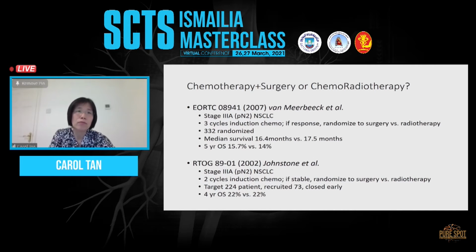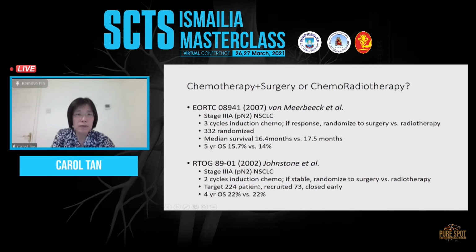All patients underwent 3 cycles of induction chemotherapy. If they responded, then they were randomized to either surgery or radiotherapy. And they managed to randomize 332 patients. However, they found that the median survival was very similar, as was the 5-year overall survival. The second study was done even earlier, published in 2002, also in proven mediastinal N2 disease.